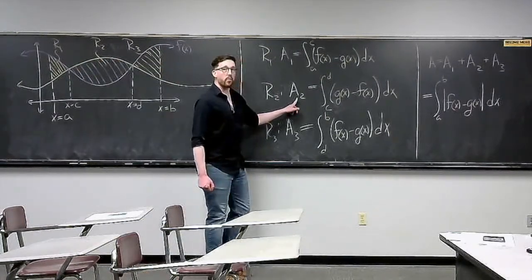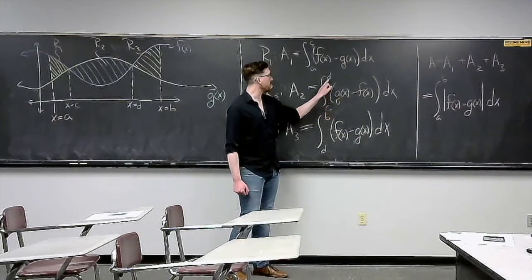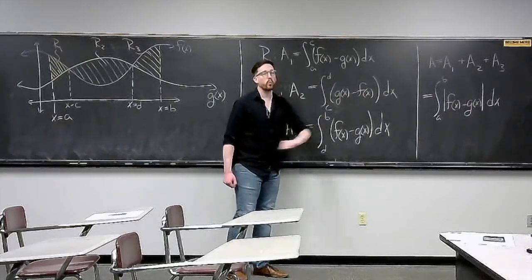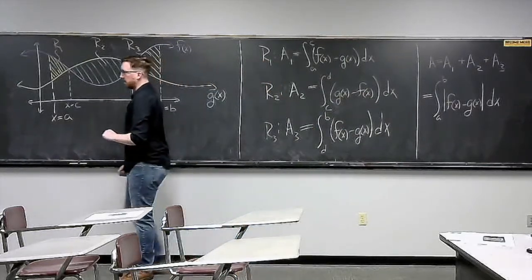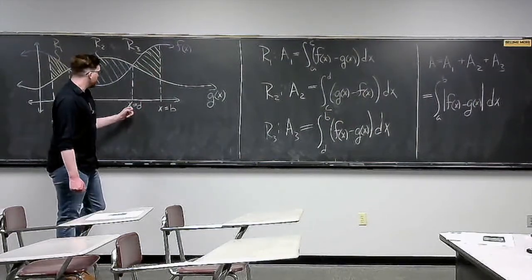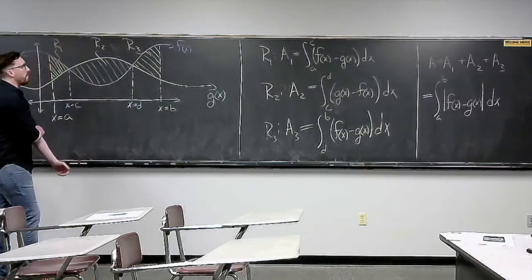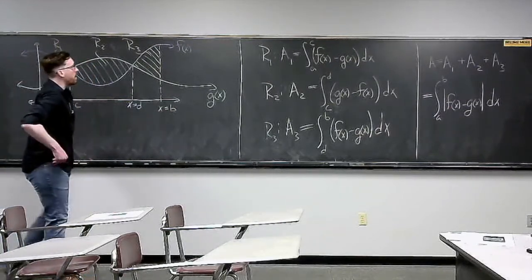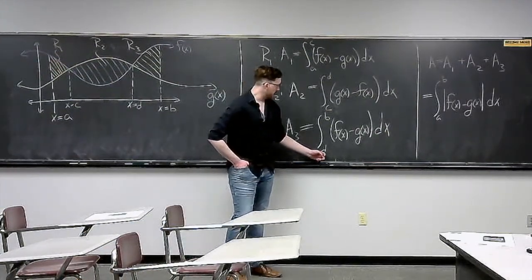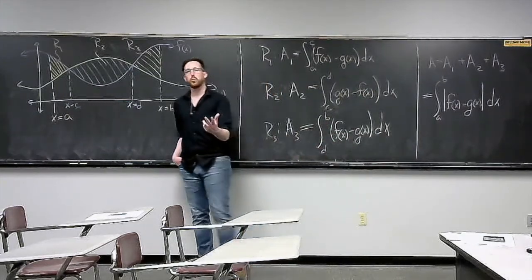So the area of region 2 is equal to the integral from c to d of g of x minus f of x integrated with respect to x. And finally, that last region, region 3 here, is going to be from x equal to d up to x equal to b. f of x is our top function, g of x is our bottom function. So that area is going to be equal to the integral from d to b of f of x minus g of x integrated with respect to x.